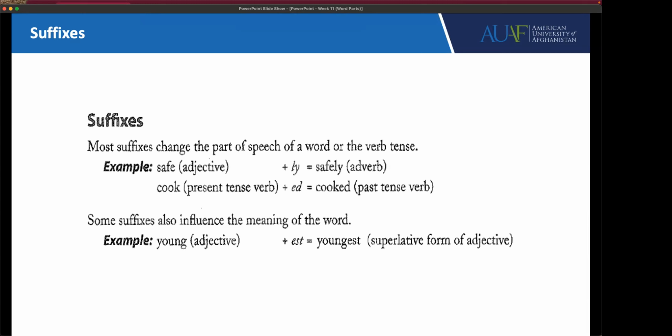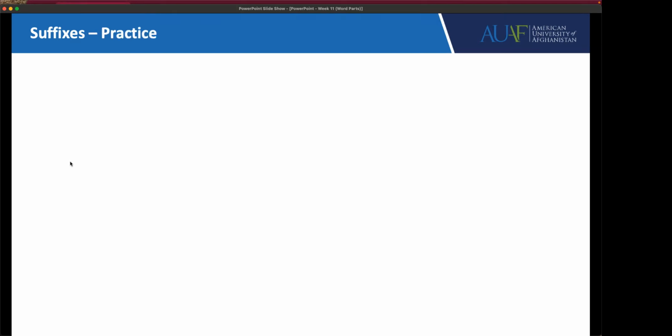And some suffixes also influence the meaning of the word. For example, young is an adjective, plus est, equals youngest, the superlative form of adjective. So the suffixes could change the meaning and influence the part of speech.